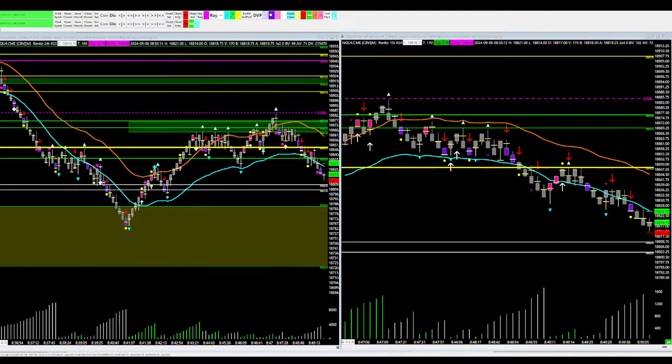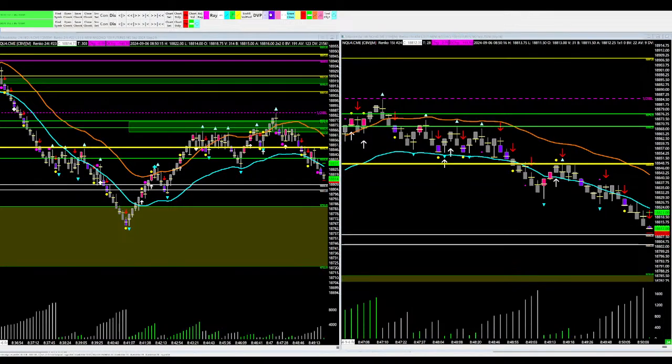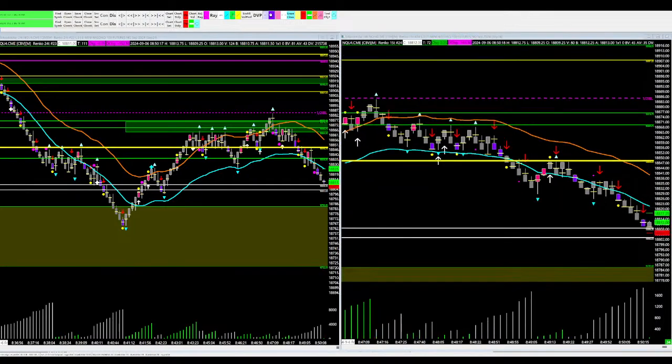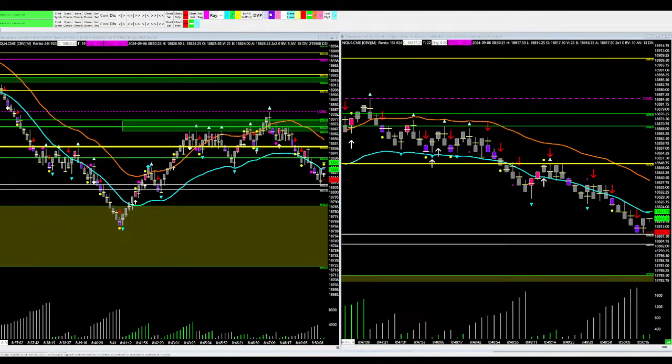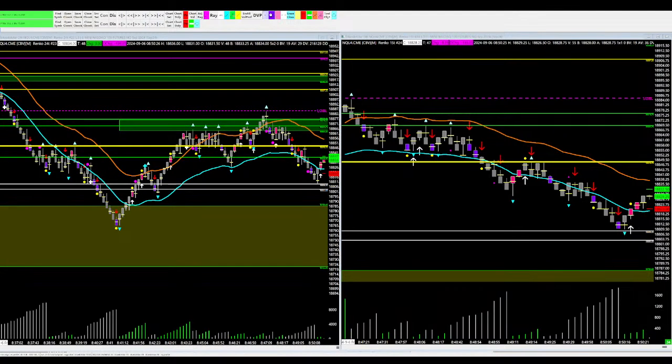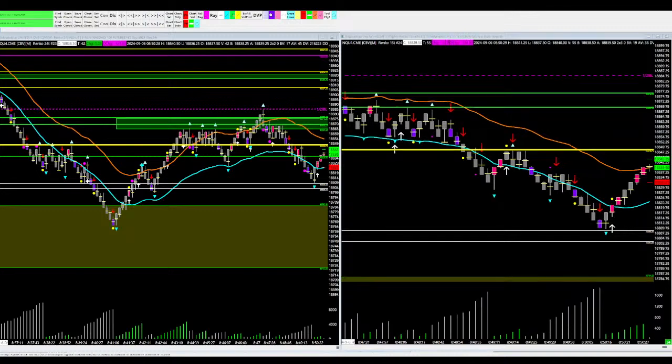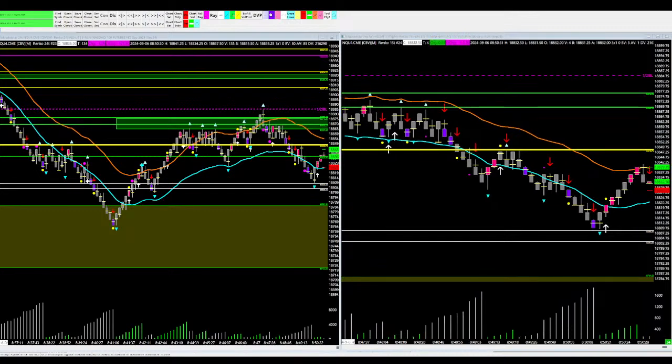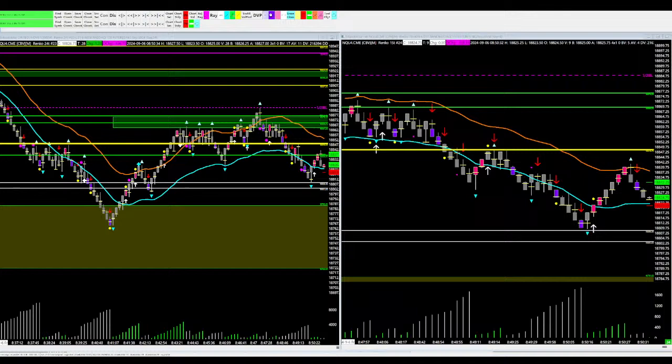And remember, be very cautious with just buying it into that. Because it can just zip right on through. Or fly the hell out of there.